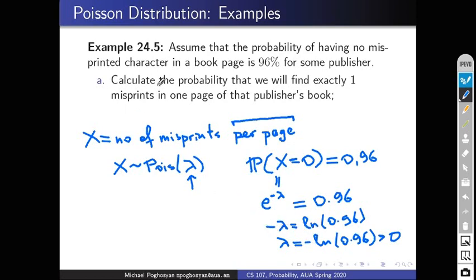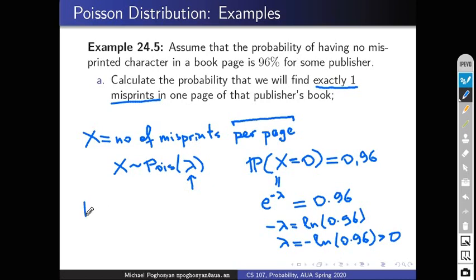And now the problem is asking, calculate the probability that we'll find exactly one misprint in one page. Please note that if we used that binomial approach, we would need the number of characters per page. But here we are not using the number of characters per page because we are using the Poisson distribution.